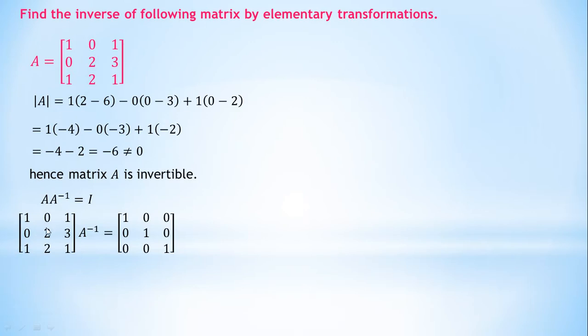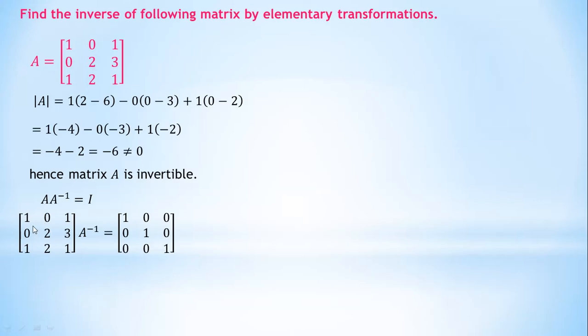For that we require 1 here, then 0, then 0, then next 1 here, then 0 and 0, and then 1 here, then 0 and 0. This is the method we have to use while performing row transformations.